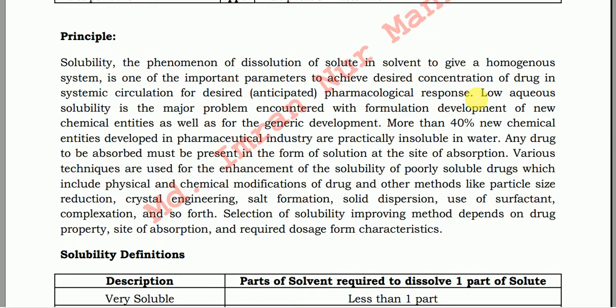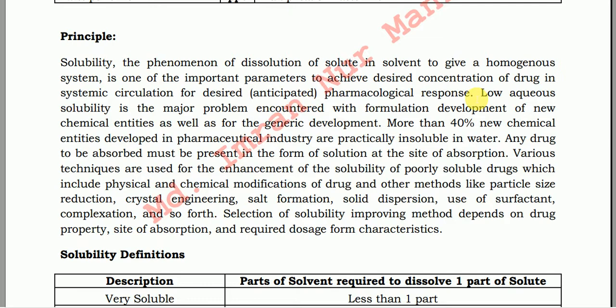You have taken Napa Extra and it didn't dissolve in your stomach, so you will not get any drug in your systemic circulation or in your blood. If there is no drug in your blood, then you will not get rid of your fever, and there is nothing to do with that drug.